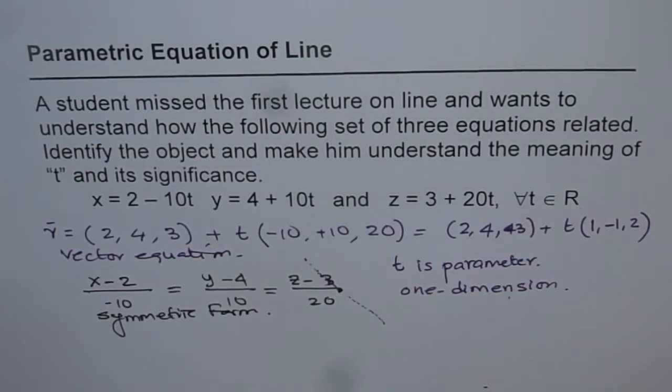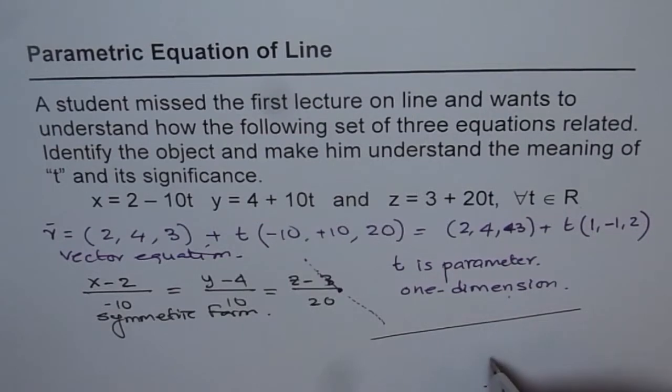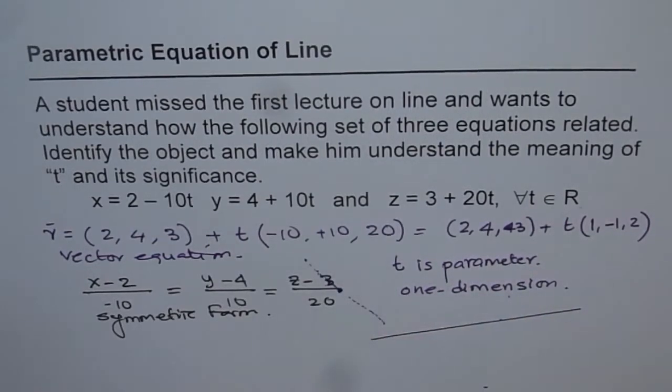And let me tell you here that we really don't have any Cartesian or scalar equation in R3. The reason is the Cartesian equation is always with respect to a normal vector to the line. But if we have a line in R3, then there could be many normals. Do you see? If this is a line on this page, then all the vectors going perpendicular to this page will be normal.